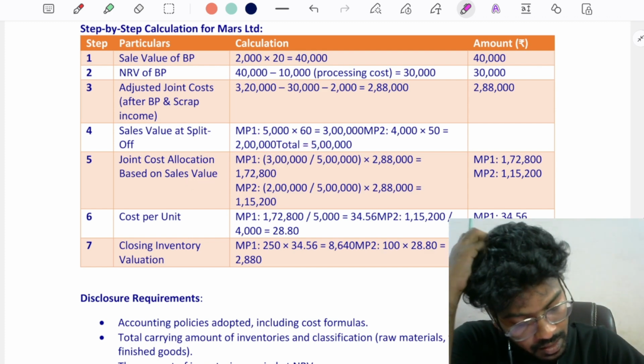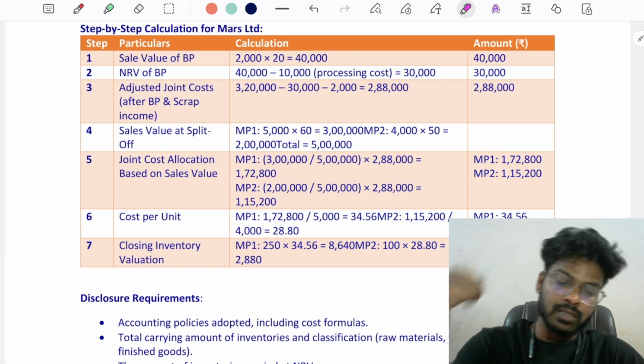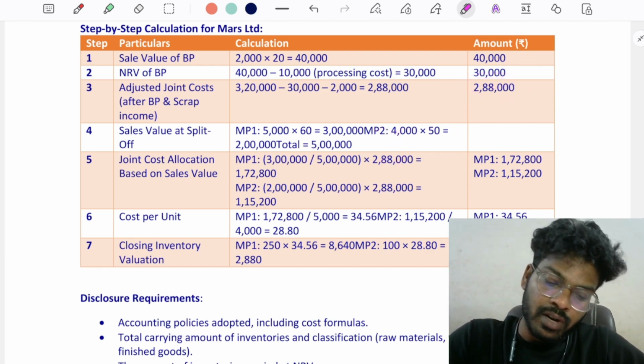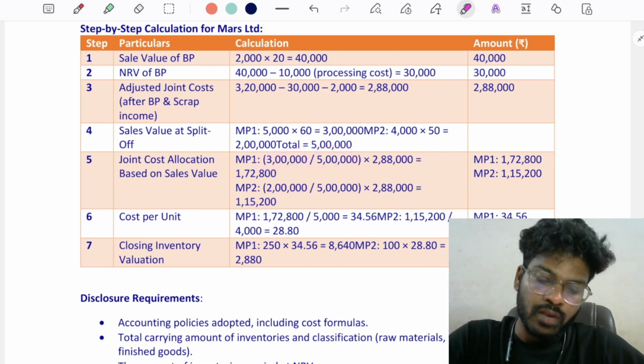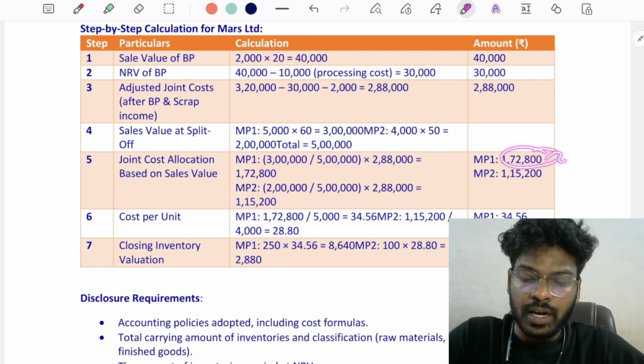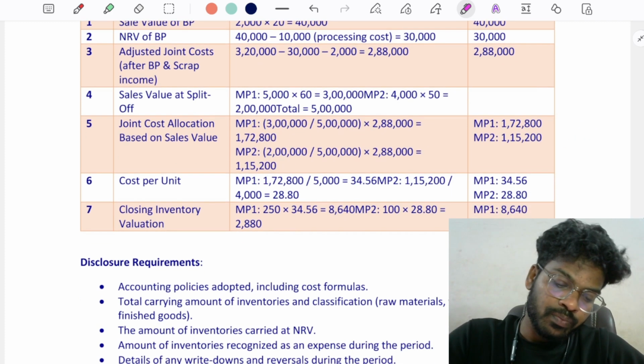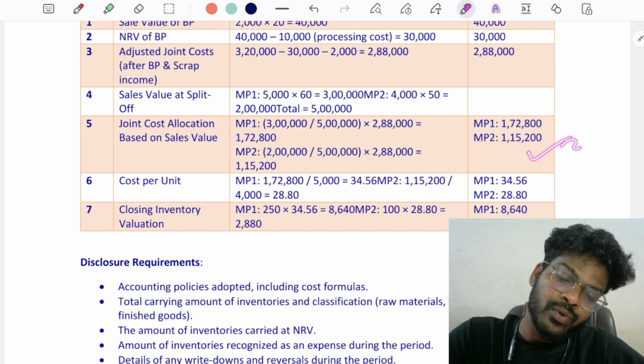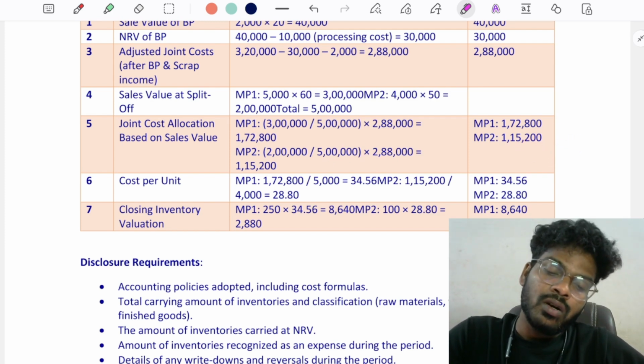So the joint cost allocation based on sales value is: 2,88,000 into 3 lakh divided by 5 lakh, which gives you 1,72,800 for MP1. Next MP2: 2,88,000 into 2 lakh divided by 5 lakh gives you 1,15,200.